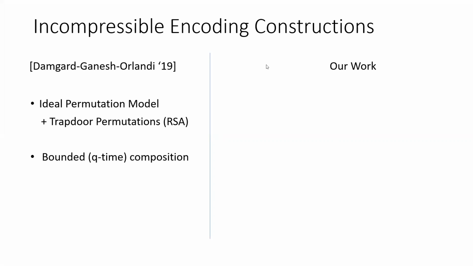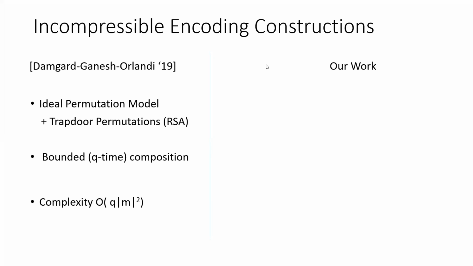They got bounded composition, so you needed to know some bound on the number of code words that the adversary will try to compress, and the scheme depended on this bound. I'll call this parameter Q, the number of compositions. The complexity of their construction depended on Q, and was O of Q times M squared.